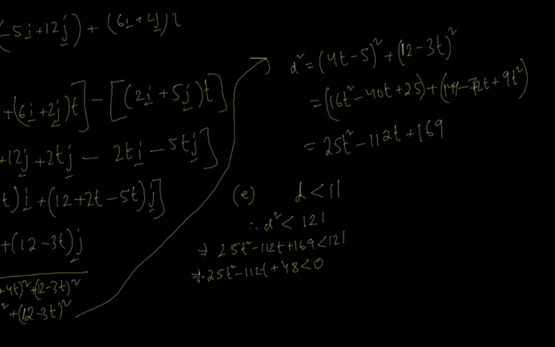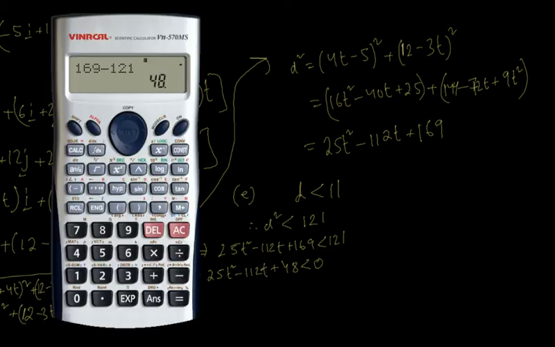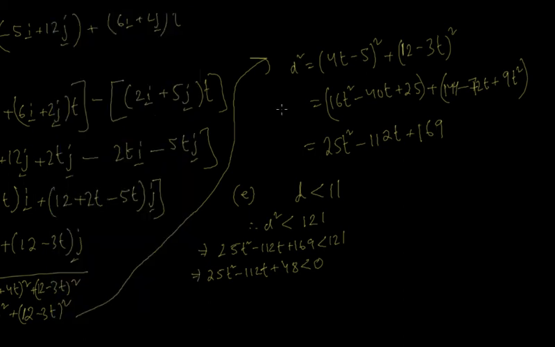So we have this. Now is it possible to simplify this? Can we divide anything? No. This is 25, this is 112. We cannot divide and simplify. So what we can do is we can try for middle term break. So middle term break is 25 into 48. 25 into 48 is 1200. So now things seem pretty simple. 1200 means 100 into 12.